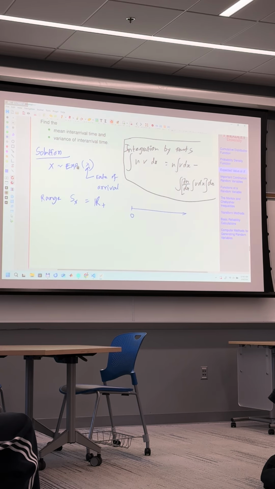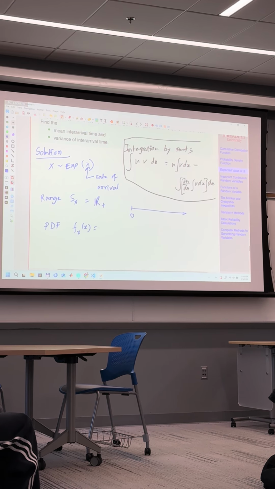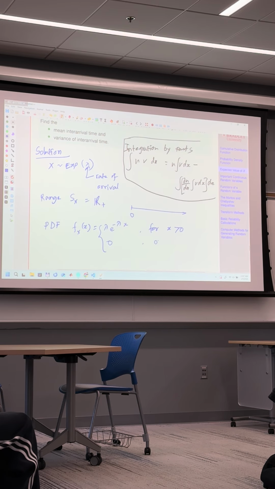Because it is an exponential distribution, the probability density function, PDF, f sub x, is going to be lambda e to the negative lambda x for x greater than 0, and 0 otherwise. So this is the definition of the PDF.